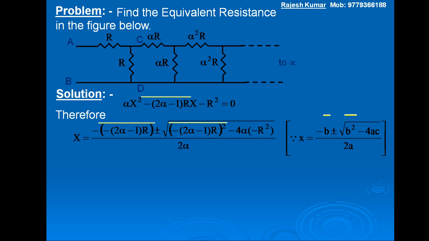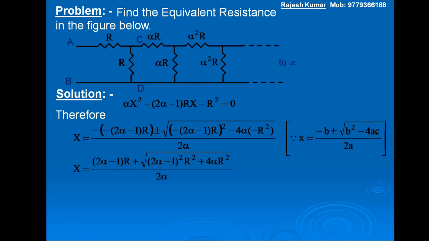Now in this case we get b is equal to minus into 2 alpha minus 1 within the bracket into capital R. So we get minus b plus minus under root b square minus 4 into a is equal to alpha and into c is equal to minus r square upon 2a, a is alpha.